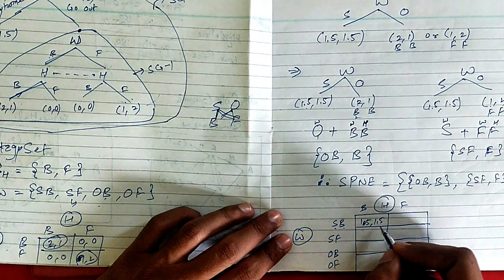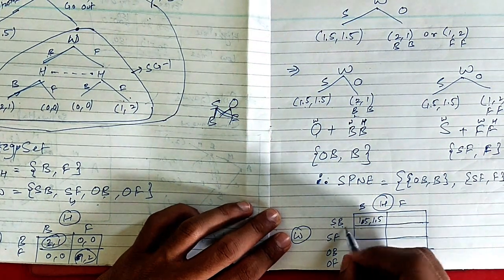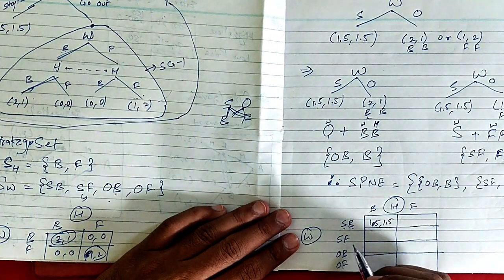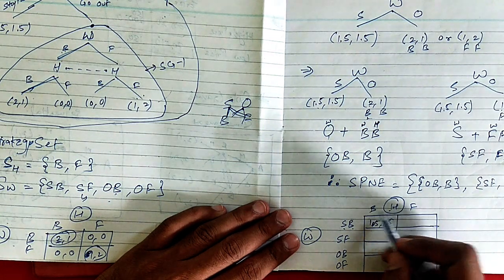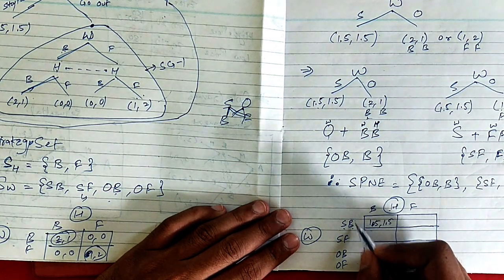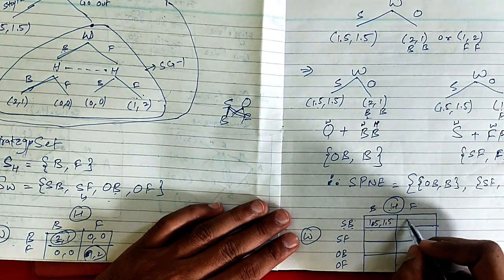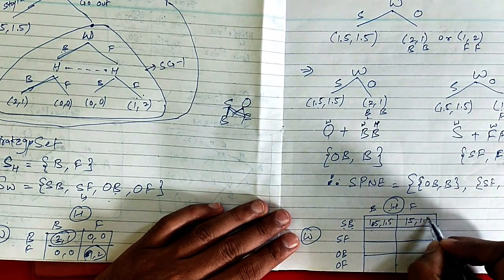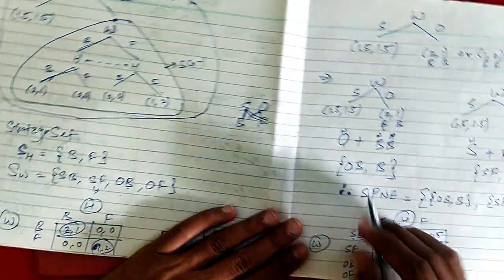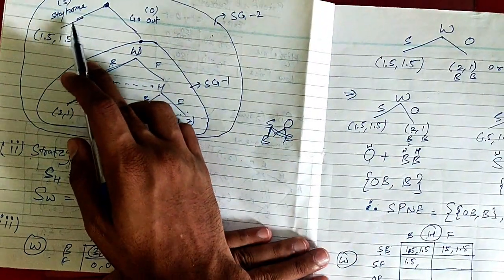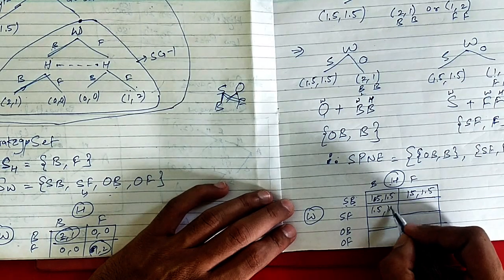Actually, every payoff of stay home will be 1.5 and 1.5 irrespective of whether husband chooses ballet or football, or whether she chooses ballet or football. So these four grids will be the same, 1.5, 1.5, because the game ends here if she stays at home, so we cannot write anything other than this here.